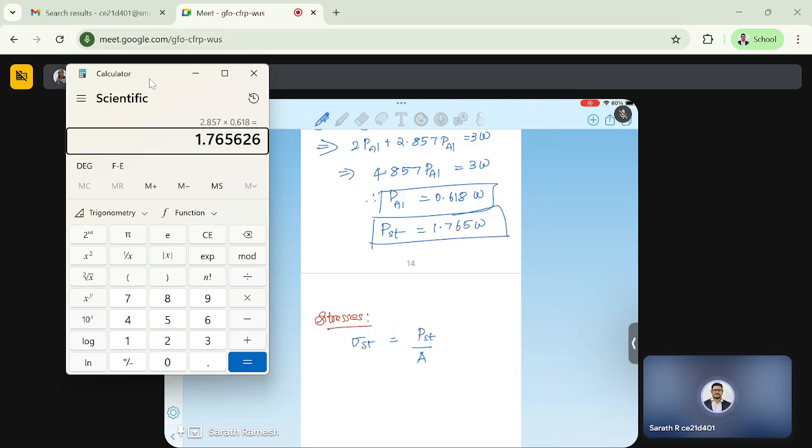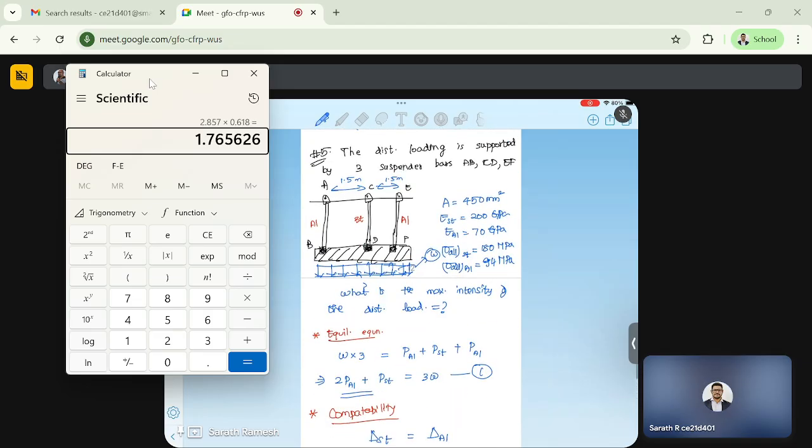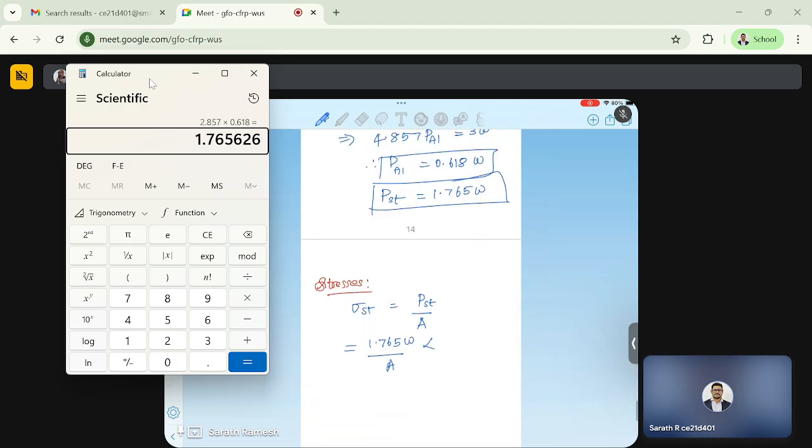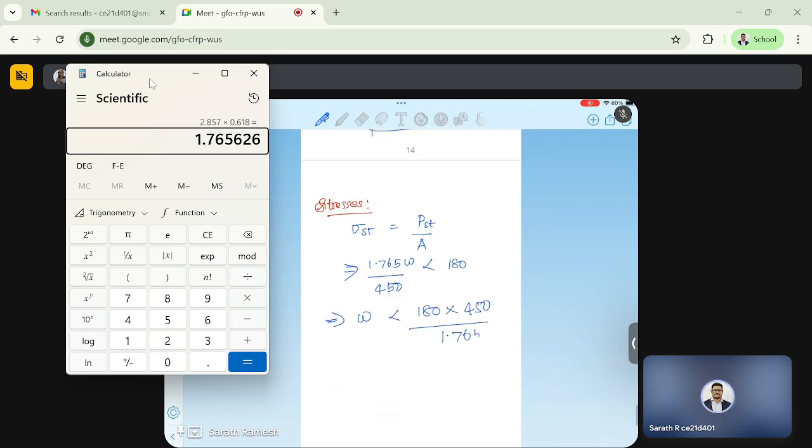Allowable, right? So sigma_steel is equal to P_steel, 1.765 W by A. This should be less than how much steel can withstand: 180 megapascal. Okay, so this is less than 180, and this area is also there. Area is 450 mm square. So W is less than 180 into 450 divided by 1.765.